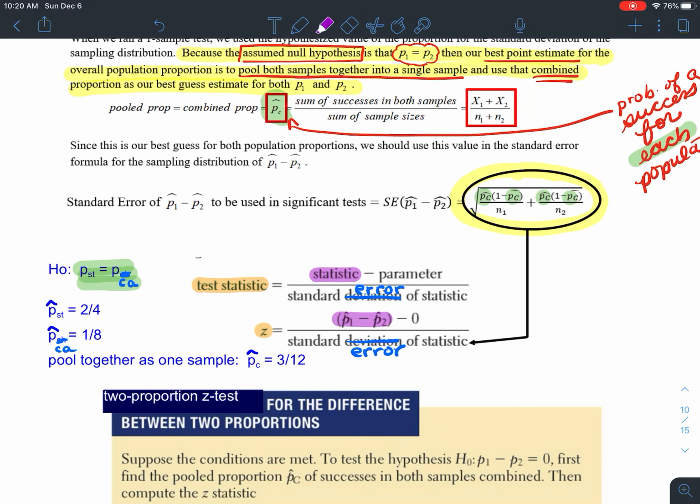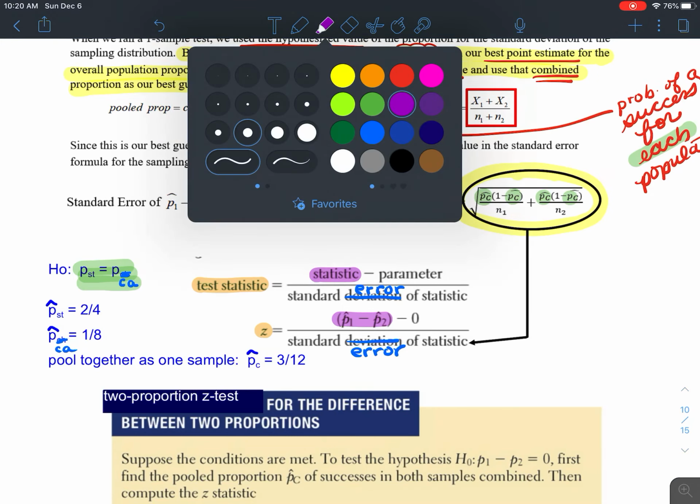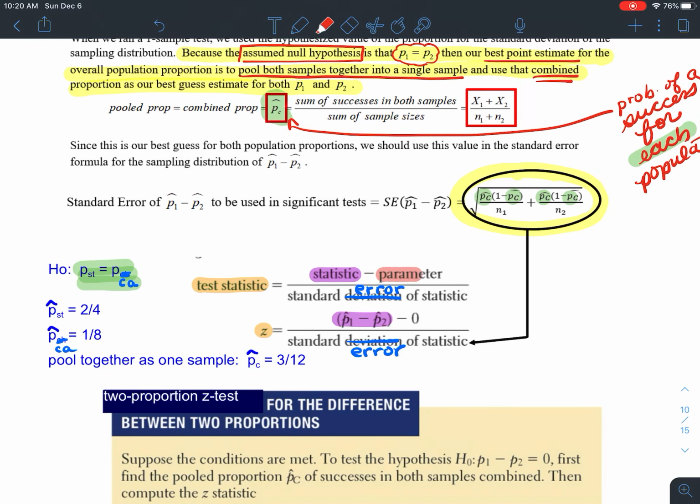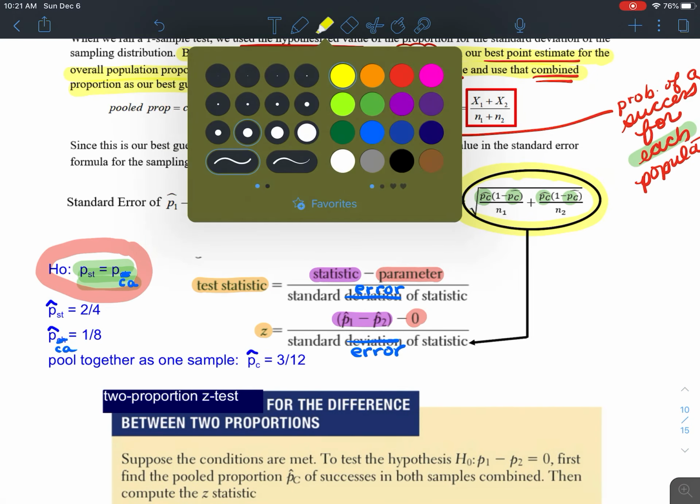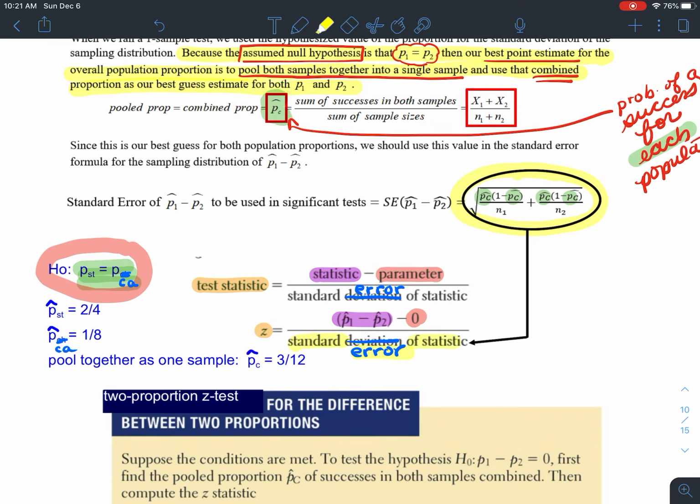The statistic that we're estimating here is the difference between the two sample proportions. It's definitely worth noting that our parameter always comes from our null hypothesis. And so the difference between these two proportions, if we're saying they're equal to each other, would be 0. So this is always a 0 when I'm calculating the test statistic.